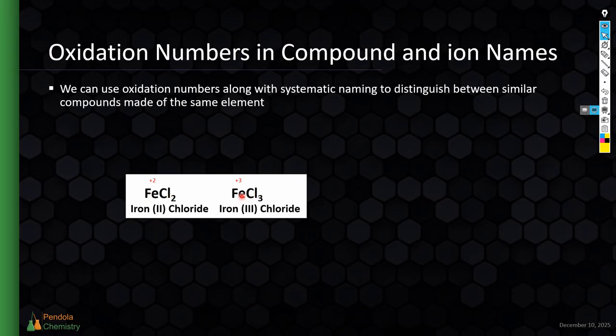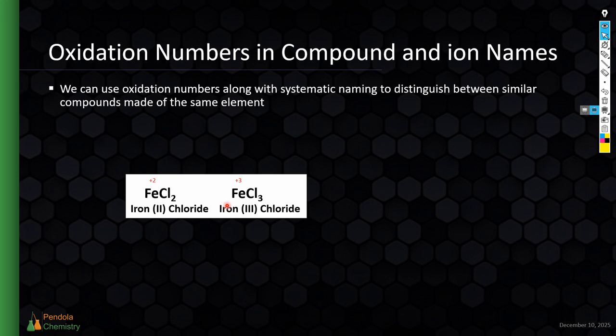So FeCl2 and FeCl3 are two different compounds of iron and chlorine that vary because FeCl2 has an iron 2 plus ion, whereas FeCl3 has an iron 3 plus ion. And that's why we call this iron 2 chloride, or we call this iron 3 chloride.